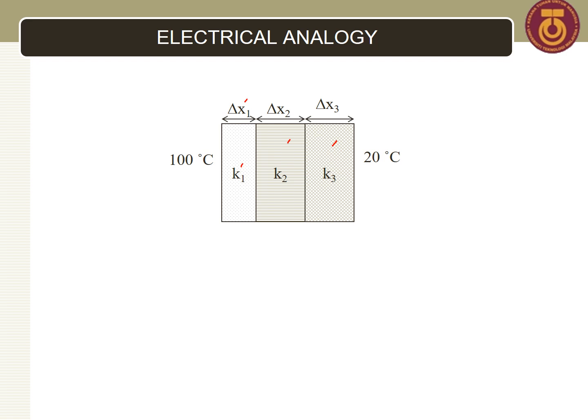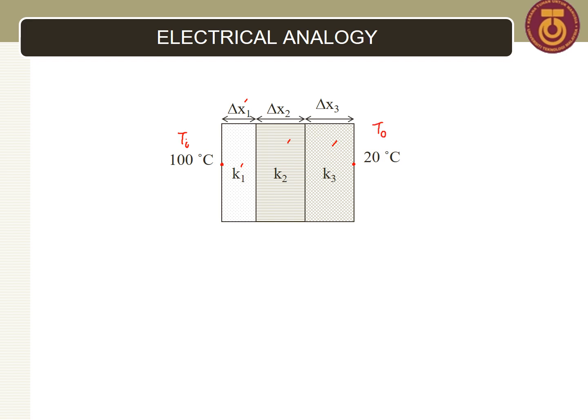The information also provided here: on the outer surface of layer 1, the temperature is 100 degrees Celsius, so we will term that as Ti. Meanwhile, the outer surface of layer number 3 has a temperature of 20 degrees Celsius, so let's term it as T naught.